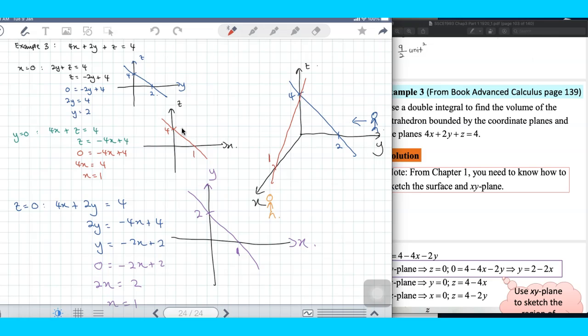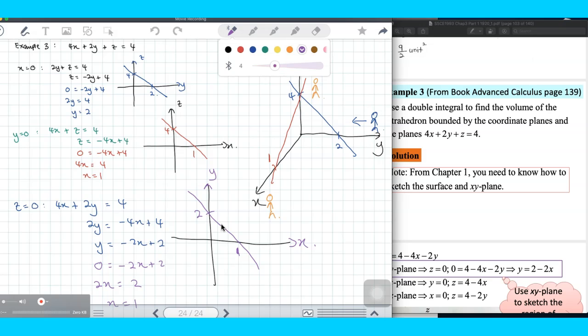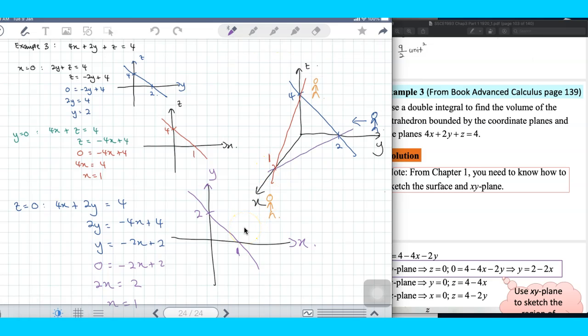Then when you are standing over here along z, you are looking down. On the y-x plane, you have the straight line, the purple one. At y it is 2, at x it is 1. So they intersect each other, and we have the tetrahedron.